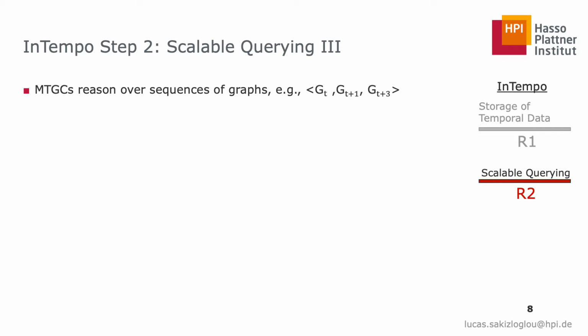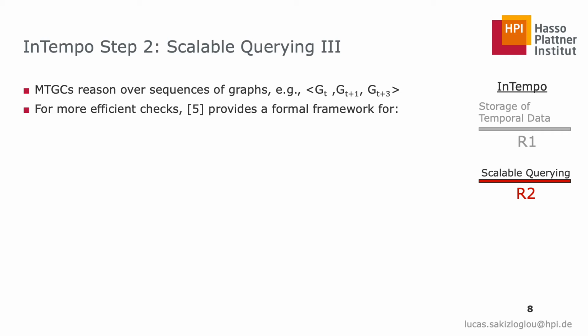Metric temporal graph conditions reason over sequences of graphs, such as the one we saw before, the sequence GT, GT+1, and GT+3. For more efficient checks, however, the reference in 5 provides a formal framework for folding a sequence into a single graph.